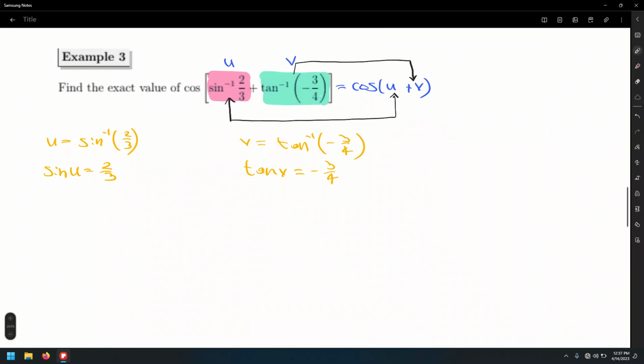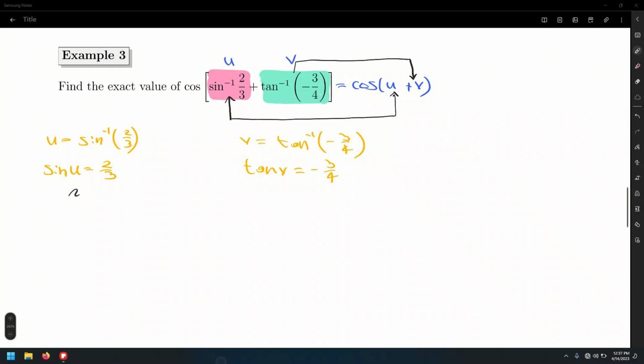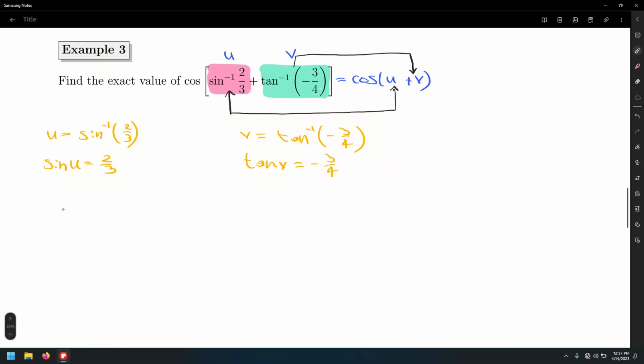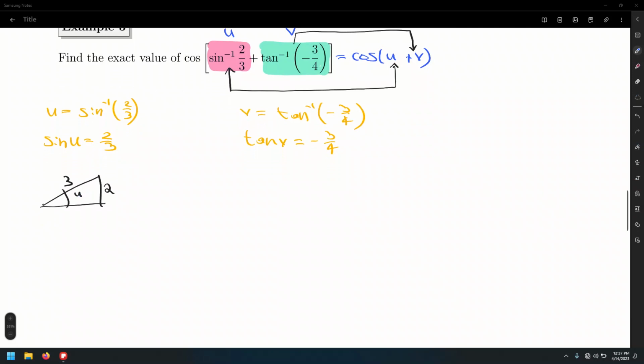All right, so number one, sine inverse of 2/3. I'm just going to go with a triangle for u in this case, and sine, which is opposite, is 2 over hypotenuse, which is 3. How about we use the Pythagorean theorem to find the missing side?